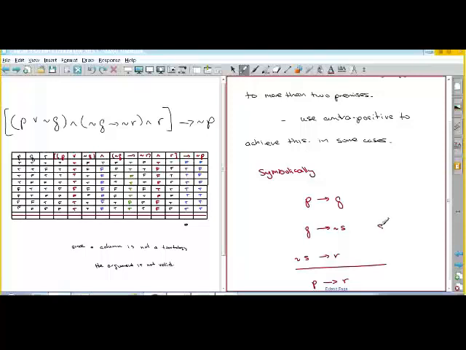Let's say the original argument was that instead. If I had this argument, you'd say, well, I can't cancel out the Q's because I've got a not Q and I've got a Q, and they're on different sides of the if-then statement.